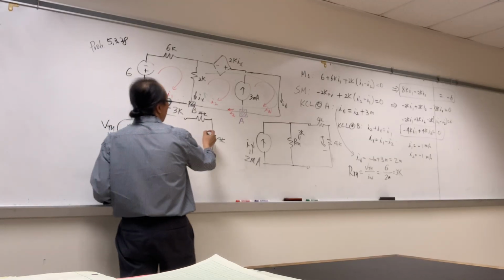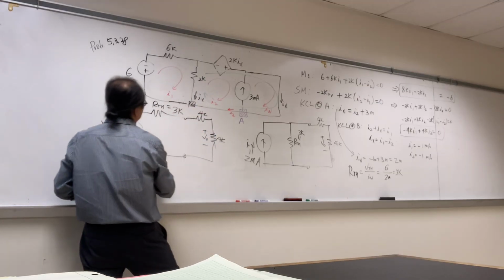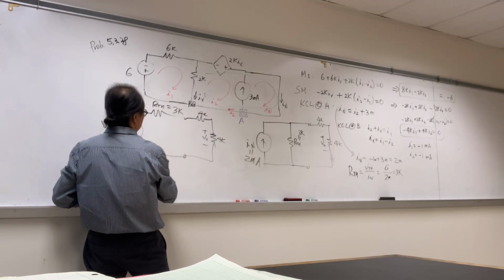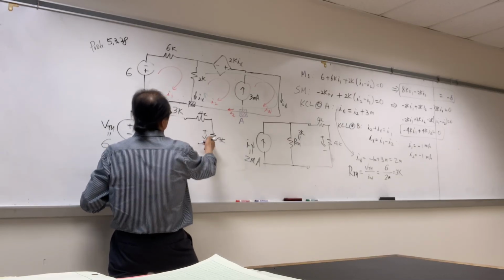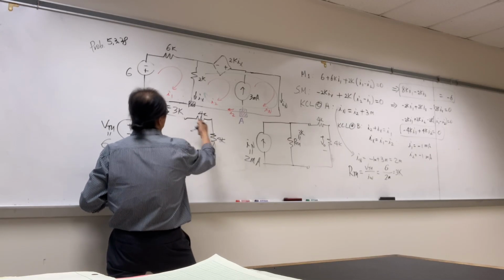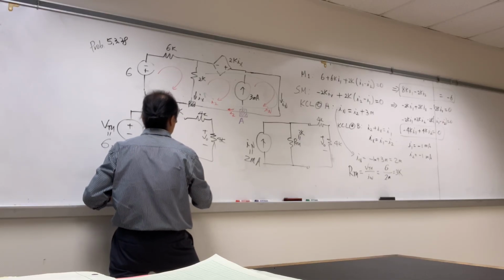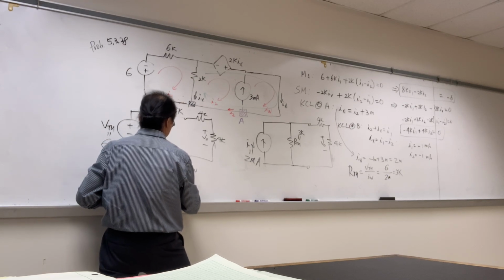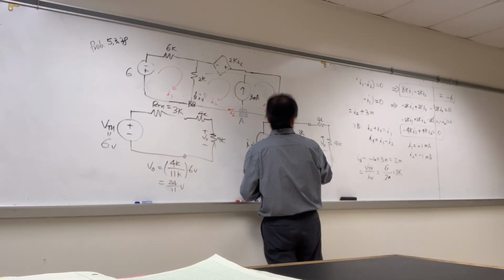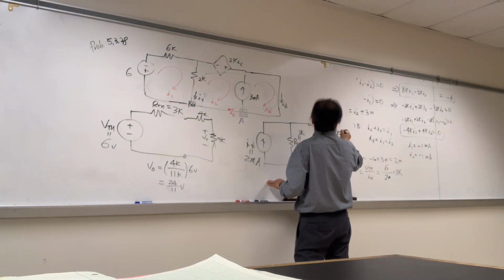So now we need to find the voltage across here. For this guy, we need to do V naught equals 4K over 4K plus 3K, 11K, times 6 volts. That is 24 over 11 volts. For this guy, I want to find I naught.